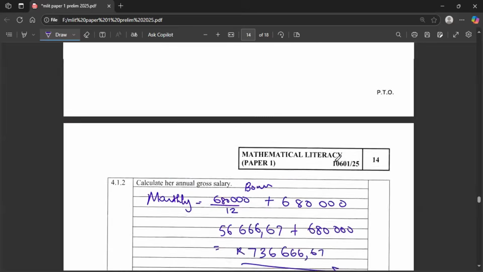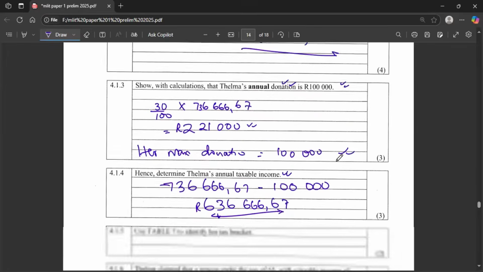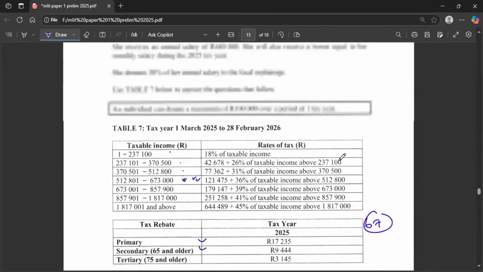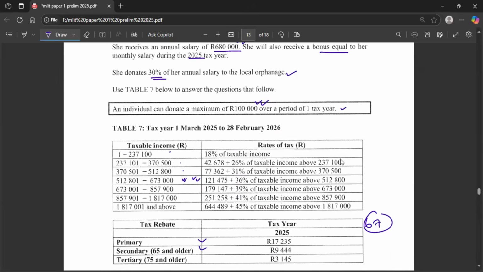So 95,750. Okay, 95,7, which is tax bracket 1. So in tax bracket 1, they're telling us that you have to pay 18%.